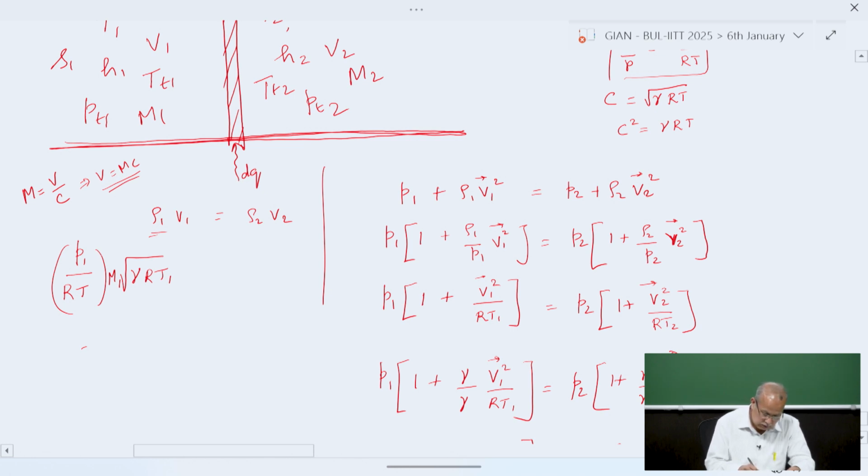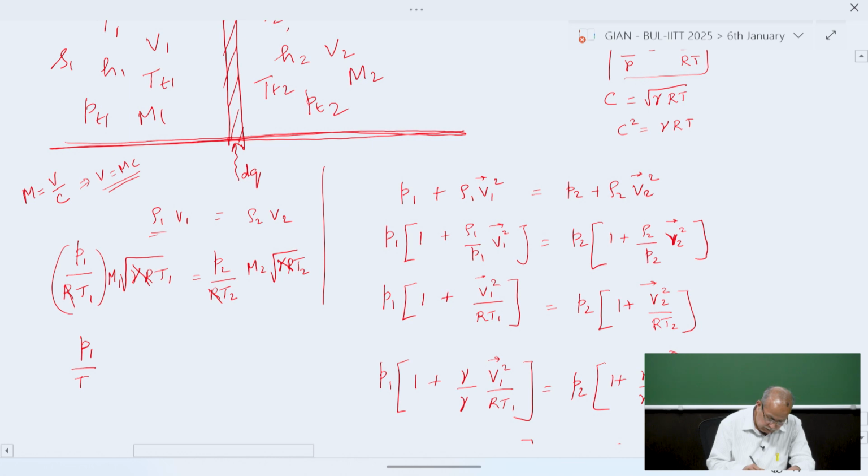Okay, so this is equal to P2 by RT2, here M2 square root of gamma R T2. So this gamma R will go off, R and R will go off. So what is left out?